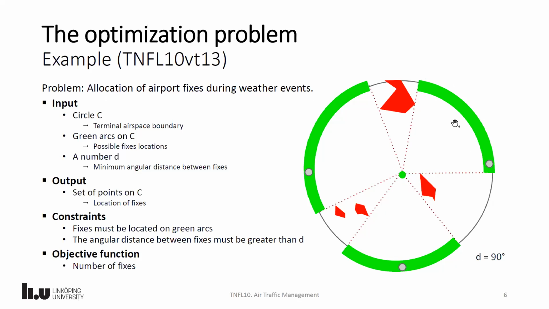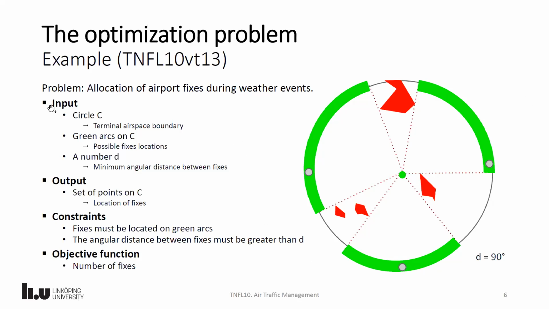This circle represents the terminal maneuvering area, and these red spots are weather events where the aircraft do not have access to the airport because of these weather cells. So they try to find the fixes around the boundary of the terminal maneuvering area in order to maximize the number of fixes that they can include. This is something that a student came up with, and they elaborated their project based on this idea.